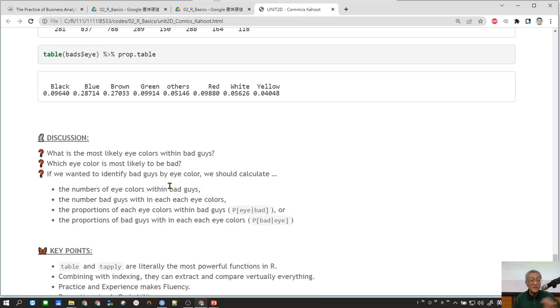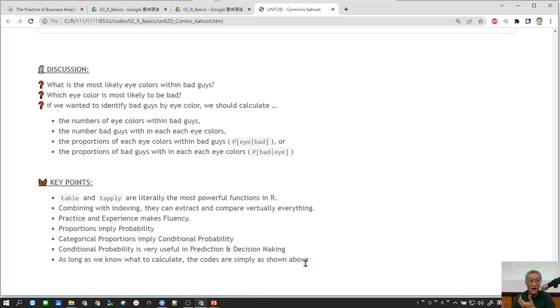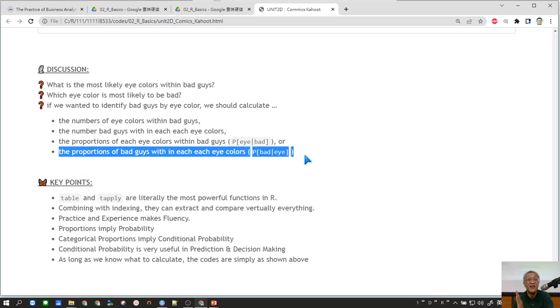Now we already learned how to do categorical count and how to do categorical proportion, okay? But when we put that into a practical business context, the most important thing is that you need to be able to ask the correct question, right?